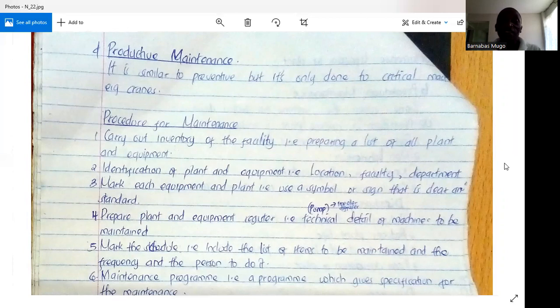Then the third one is to mark each equipment and plant by use of symbols. The fourth procedure is to prepare the plant and equipment register. The fifth one is to make the schedule, that is, you include the list of items to be maintained.